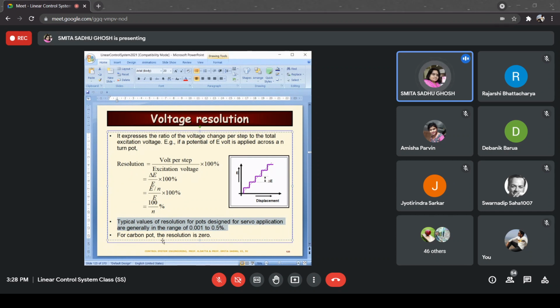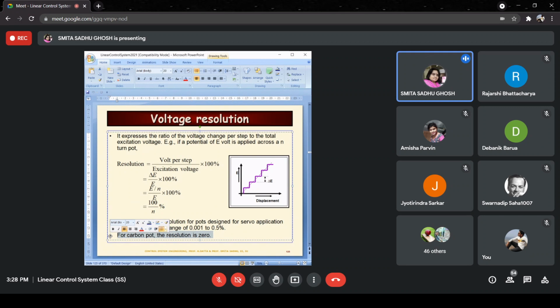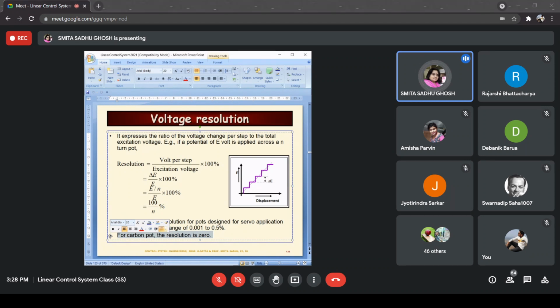As far as resistive elements go, we also know that carbon is often used as a resistive element, so in potentiometers as well, carbon elements are used. In carbon pots, discrete wires are not there, and we have the resistive element as a continuous carbon element, so the resolution over there is 0. It is as if in a carbon pot the characteristic will be nearer to the dotted characteristic that you see here.